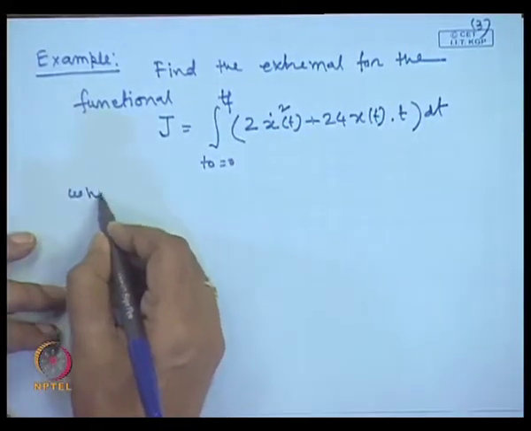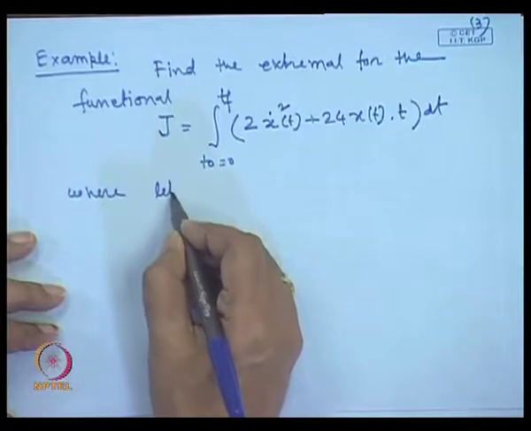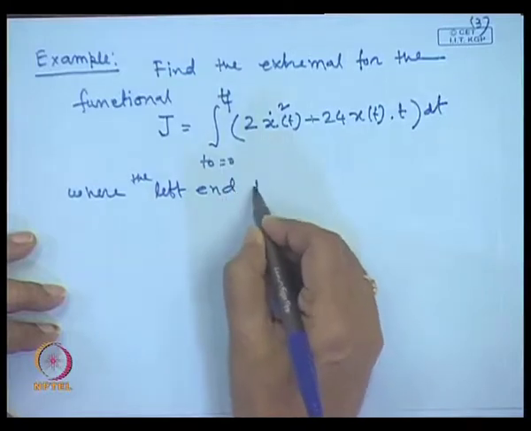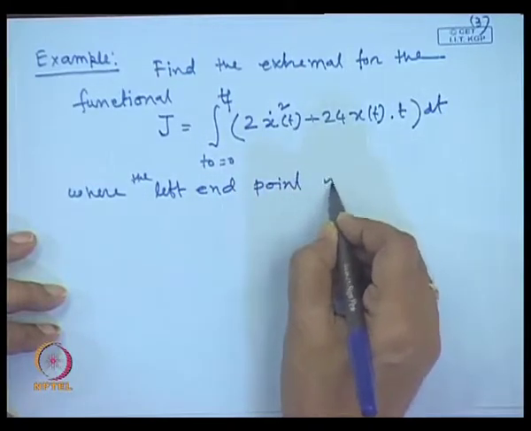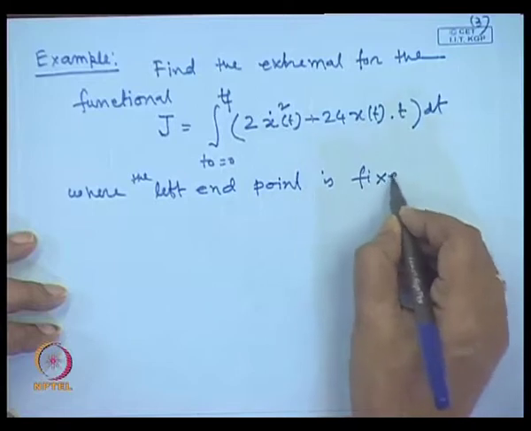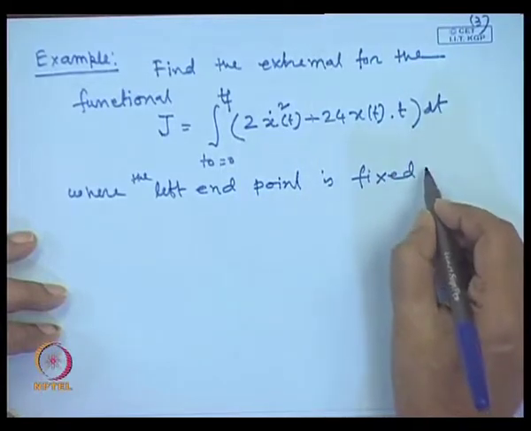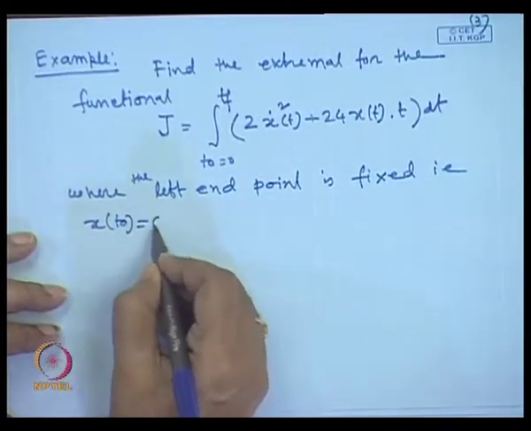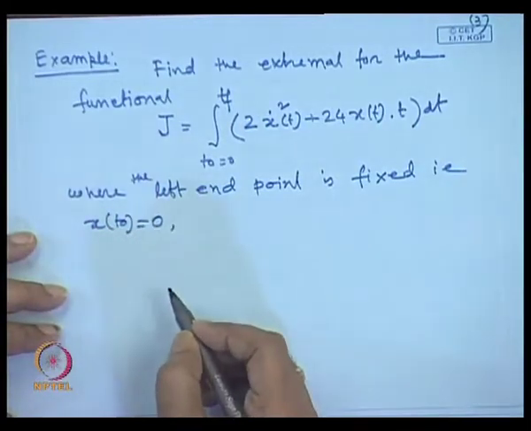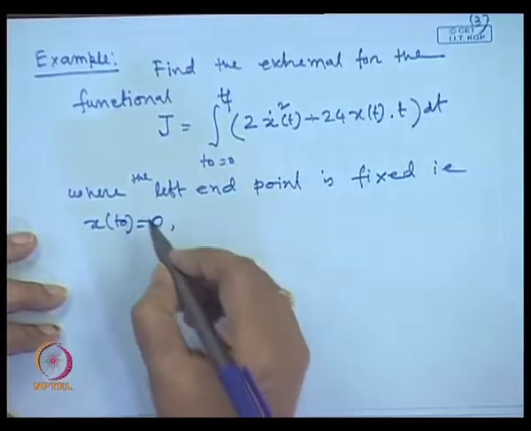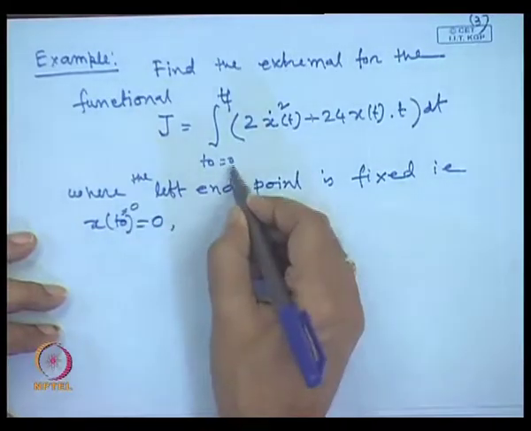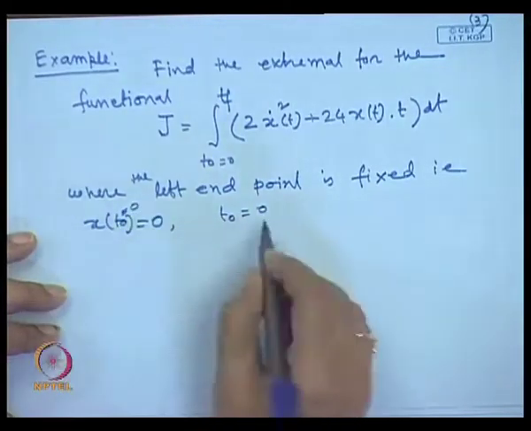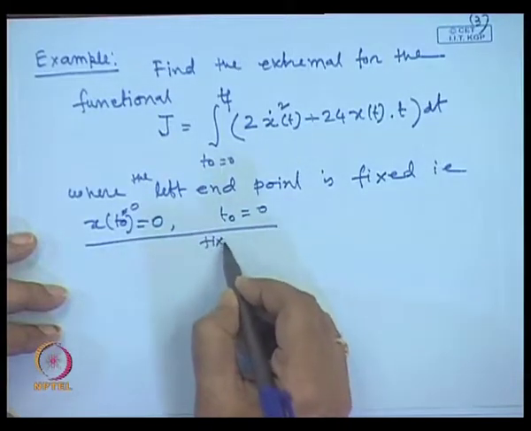Where the left end point is fixed. In other words, x of t0 is equal to 0, and t0 is equal to 0 here. That means t0 is 0, so this point is a fixed point.